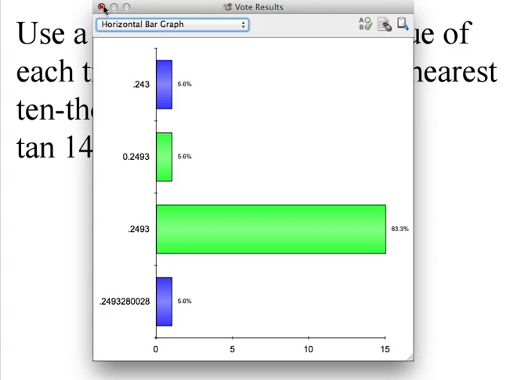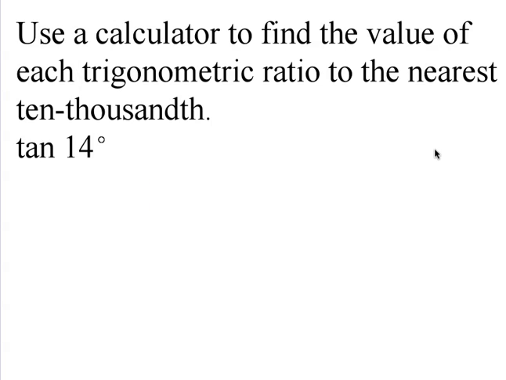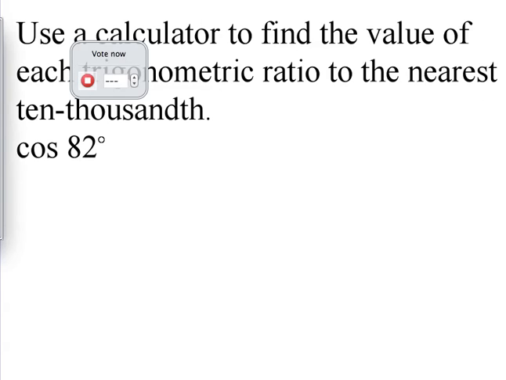Okay? Now notice it says to the nearest 10,000. So on a test, if you give me that bottom answer, I'm not going to give you full credit. And last but not least, cosine of 82.